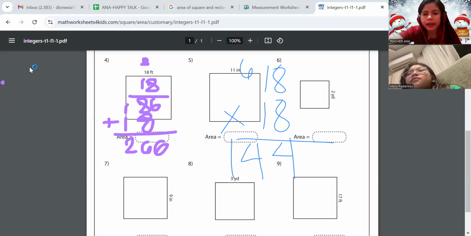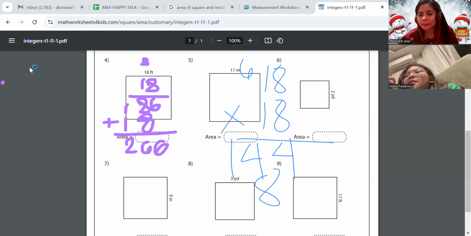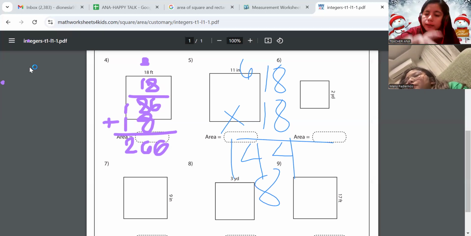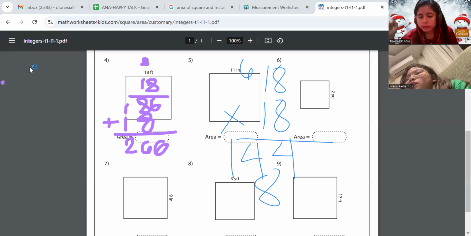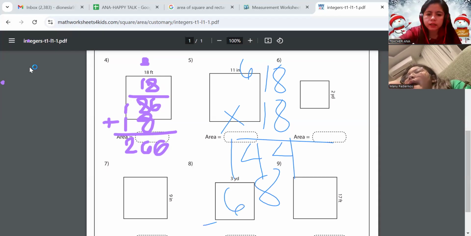14. And then next line, 1 times 8 is 8. 1 times 6 is 6.